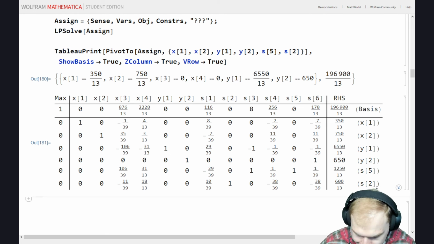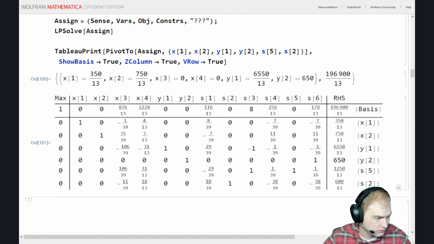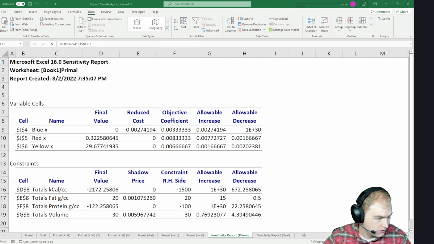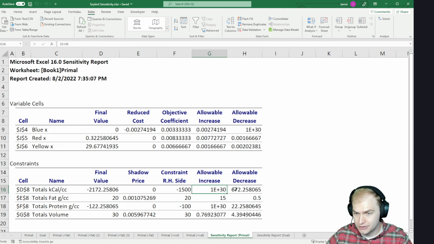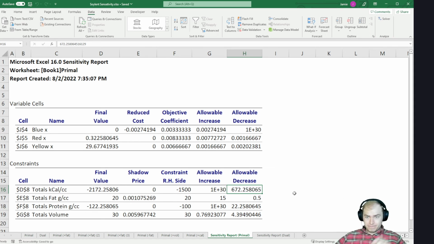What can we do? And the answer there lies in the amount of slack, or in the slack values. So if we come back over and look at Excel, the Excel sensitivity report shows an allowable increase and allowable decrease for each constraint.